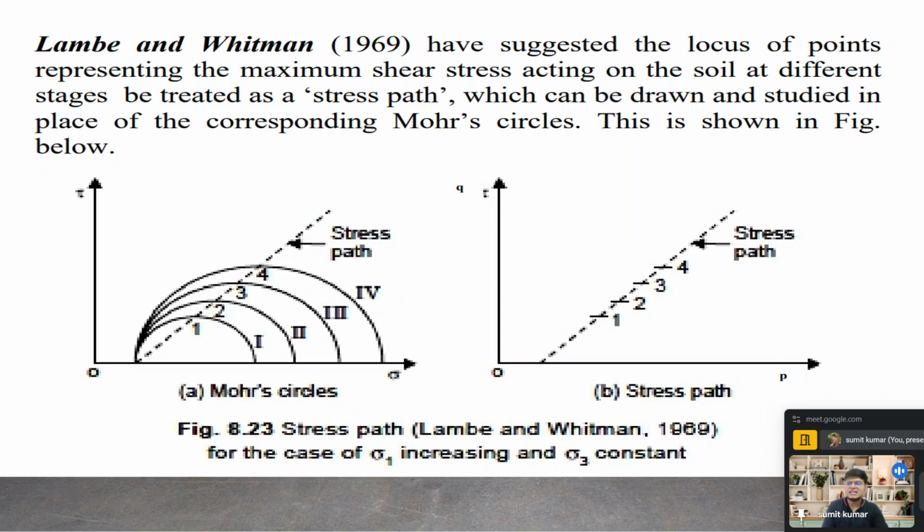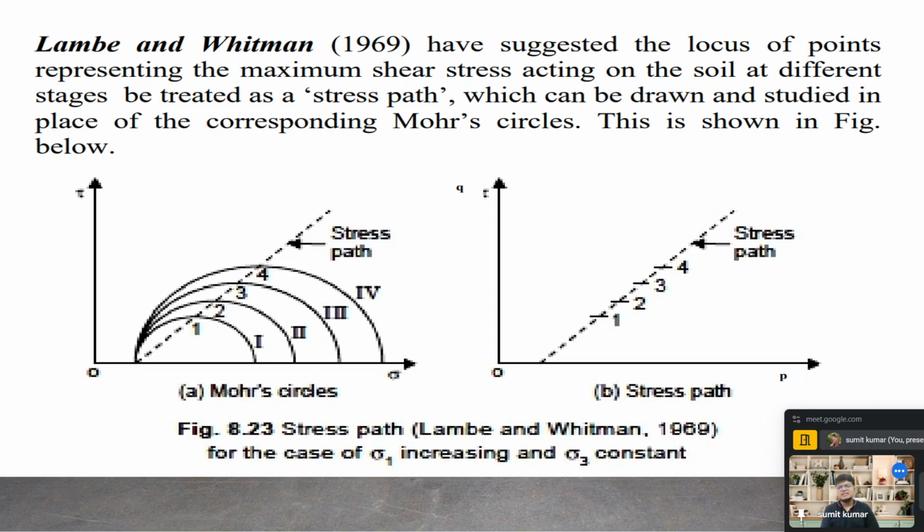The approach suggested by Lambe and Whitman, 1969, is that the locus of the points representing the maximum shear stress acting on a soil at different stages be treated as the stress path, which can be drawn and studied in place of the corresponding Mohr circles. This is shown in the figure over here.